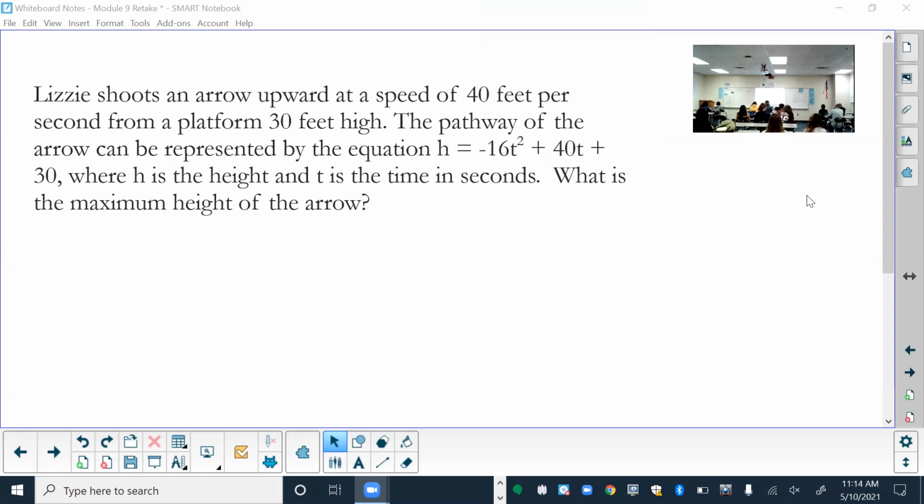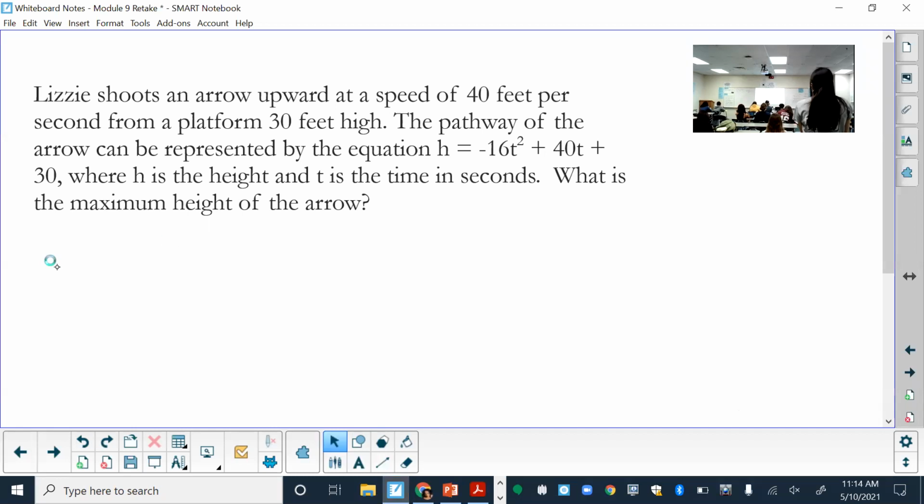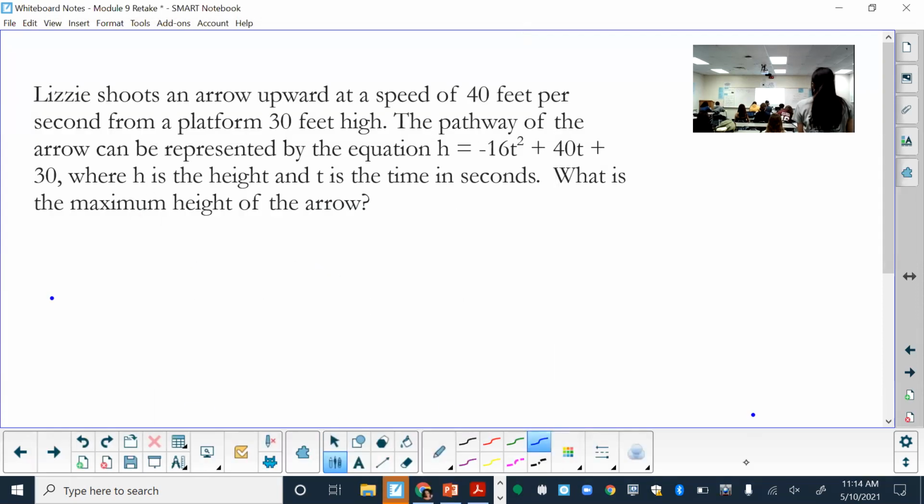All right, so let's draw this out, see what we're talking about. So we have Lizzie on top of a platform shooting an arrow.